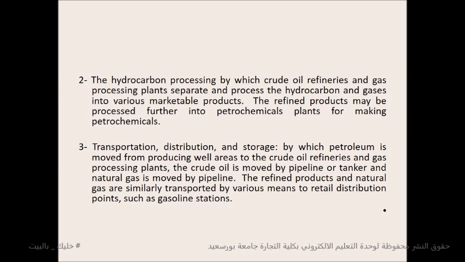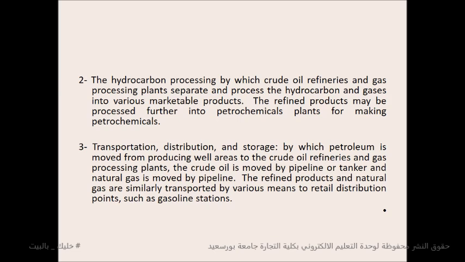Number 3. Transportation, distribution, and storage, by which petroleum is moved from producing well areas to the crude oil refineries and gas processing plants. The crude oil is moved by pipeline or tanker, and natural gas is moved by pipeline.